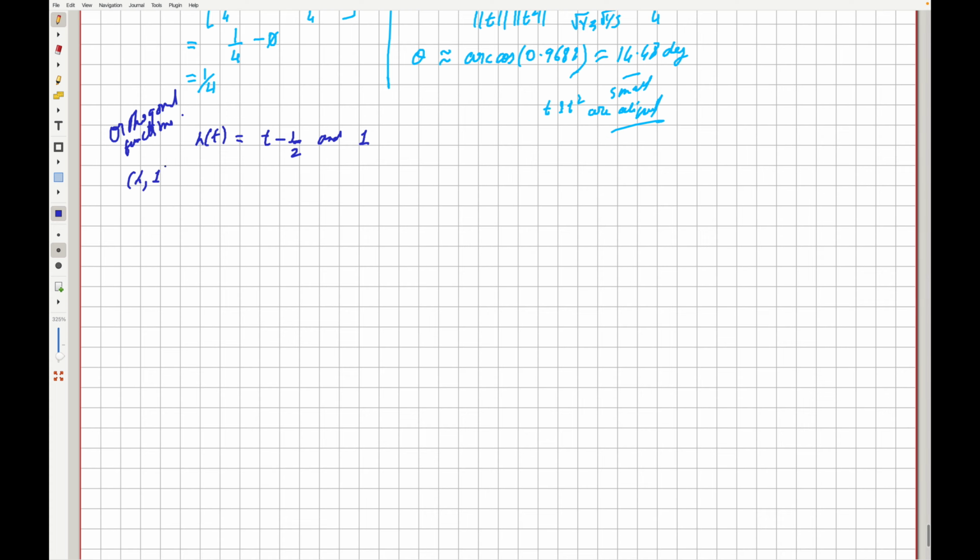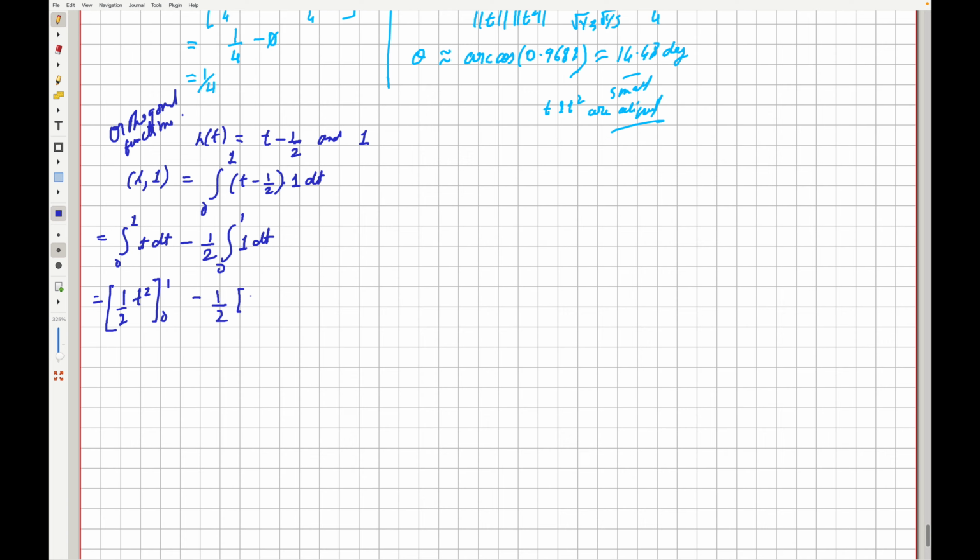So if we perform the inner product of h and 1, which is just a constant, this would be the integral from 0 to 1 of t minus 1 by 2 times 1 dt, that equals the integral of t dt minus 1 by 2 times the integral from 0 to 1 of 1 dt, and if we keep solving this, the first part would become 1 by 2 t squared, from 0 to 1, and the second part would be simply minus 1 by 2 times t.